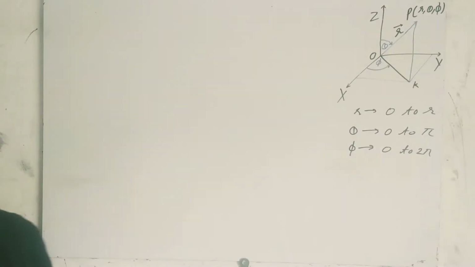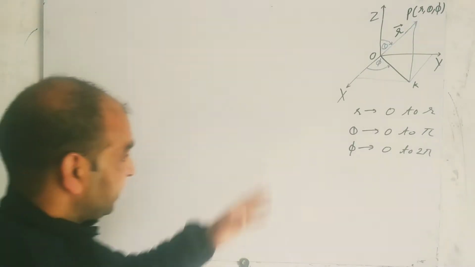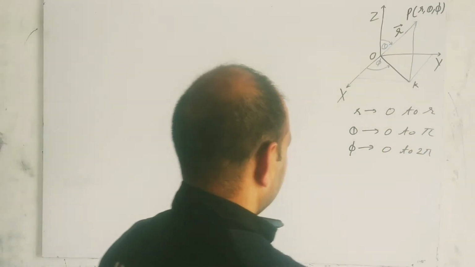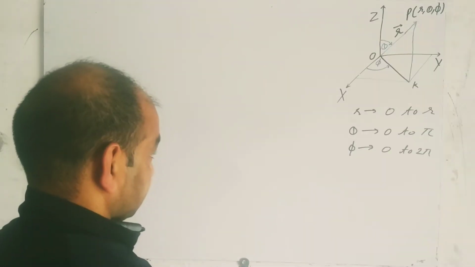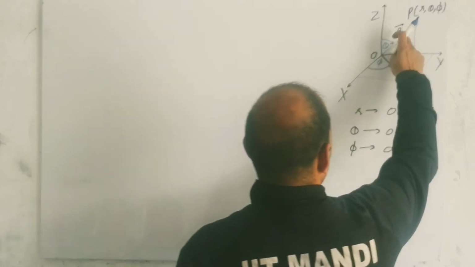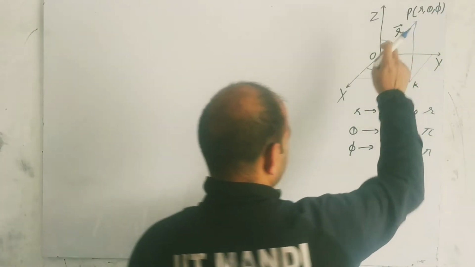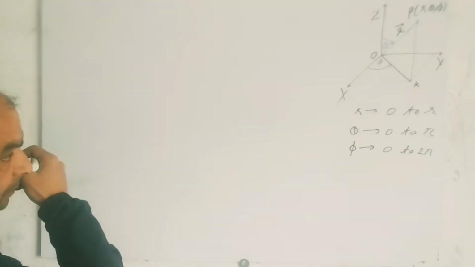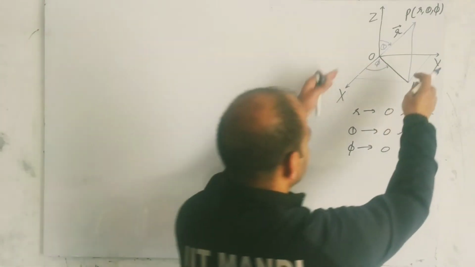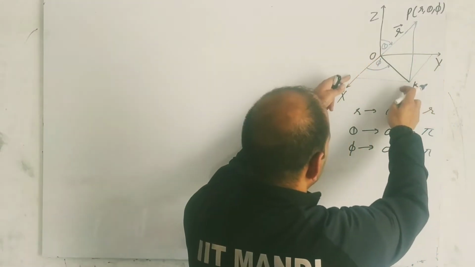Now we will derive the relation between the Cartesian coordinates and the spherical coordinates. This is point P and this is vector r. Now see this line and this line, these two are parallel.